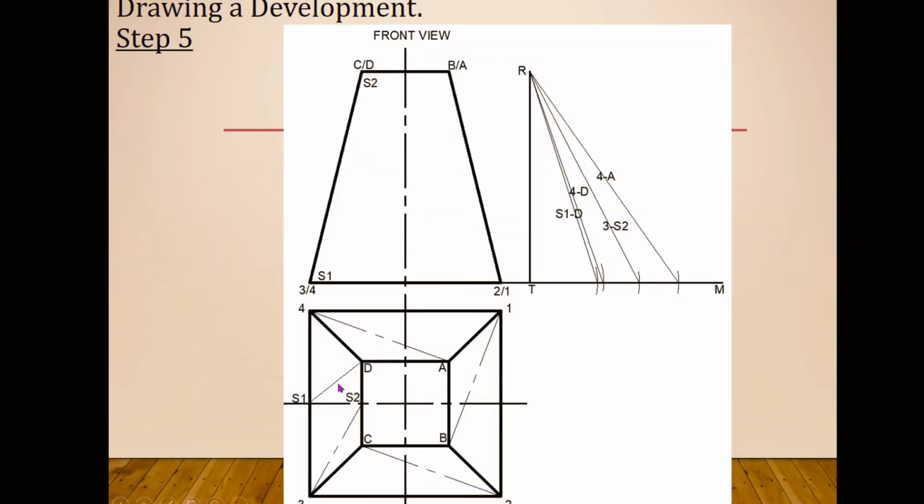We are doing this for all the lines that are inclined, this line, that line, that line, and also line 3S2. We're going to construct true lengths for these lines.